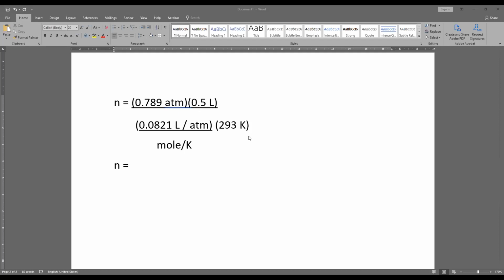What else? Temperature. Kelvin. The Kelvin, teacher. What do you think will happen to this solution? We can cancel this one, right? Cancel ATM, cancel liters, and of course, cancel Kelvin.